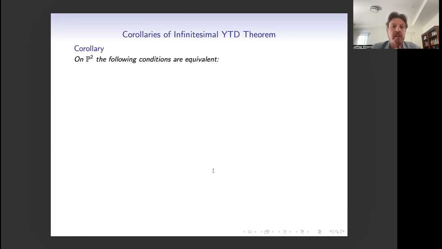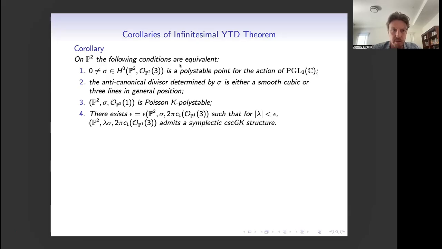So this has some corollaries. In particular, we can give very precise answers in some special cases. On P2, the following are equivalent. Sigma, a holomorphic Poisson tensor, is polystable for the action of PGL3C. Again, this is the stability criterion.